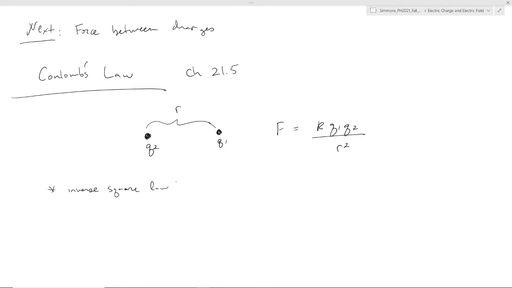It's really identical mathematically to gravity. So hopefully when you see this, you're like, ah, this looks kind of like Newton's law of gravity.